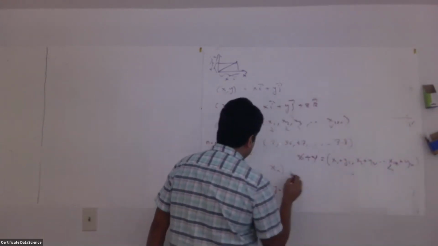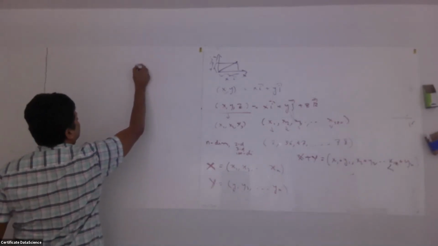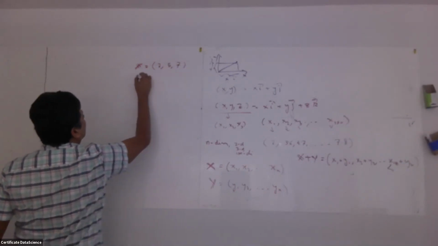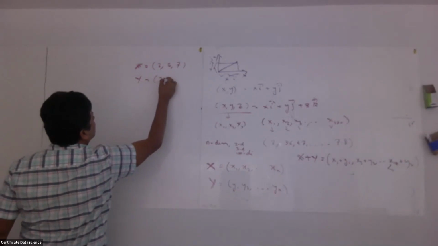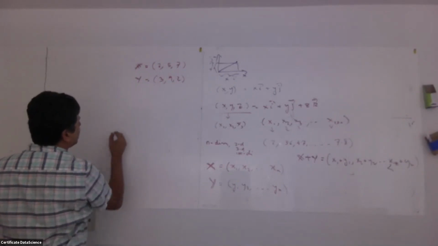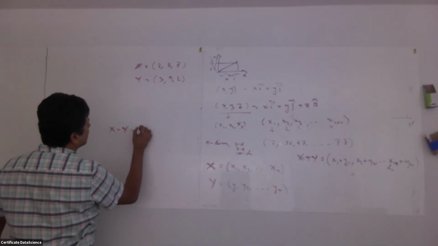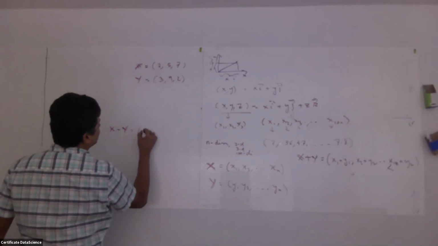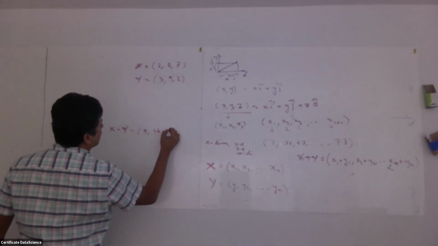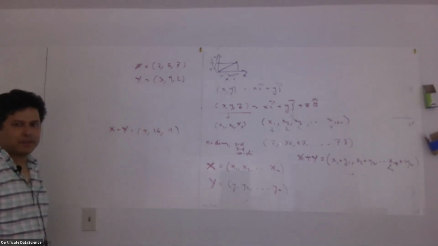For example, let's take two vectors: x is 2, 4, 5, 7 and y is 3, 9, 2. In this case x plus y would be component-wise: 2 plus 3 is 5, 14, 5 plus 9, 7 plus 2 is 9. That's how you add it.